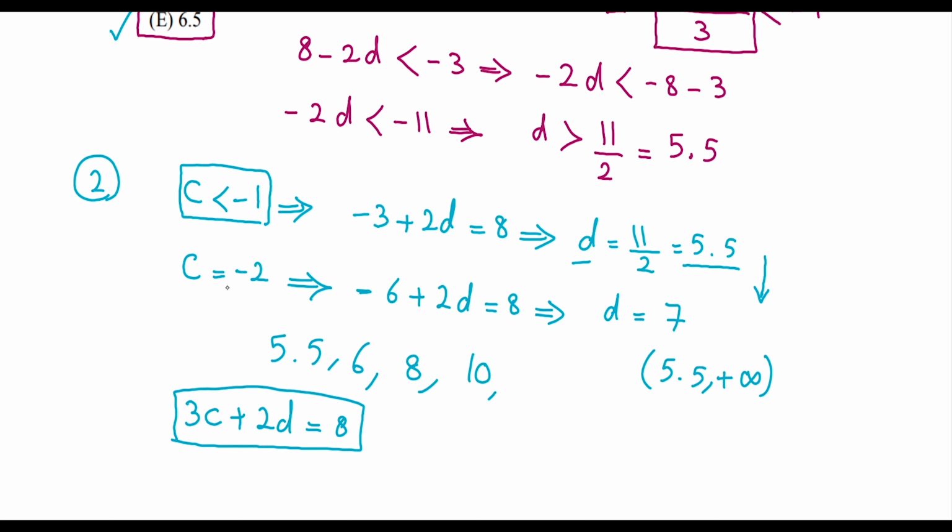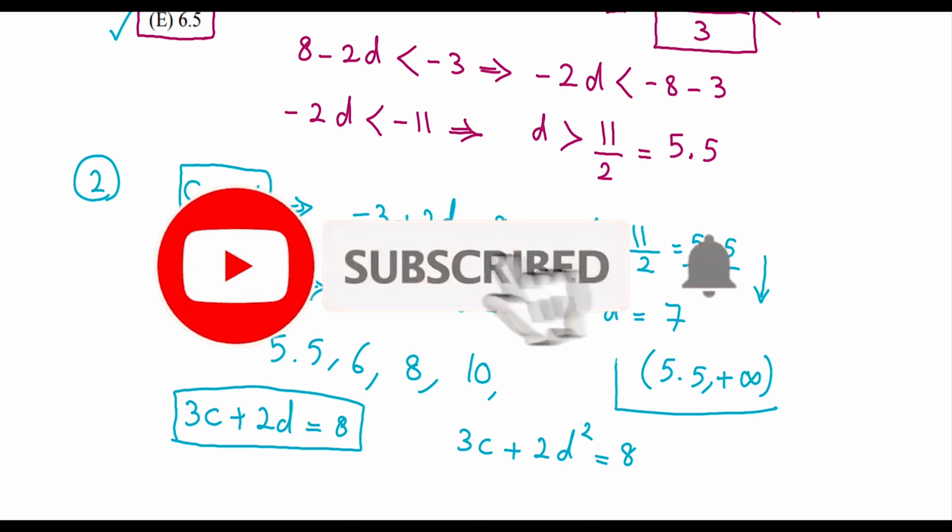If the expression, for example, is 3 plus 2d to the power of 2 equals 8, we can't use this method. Since this method has some risk, don't use it. But if you don't have any choice, you can use this method. It's okay.